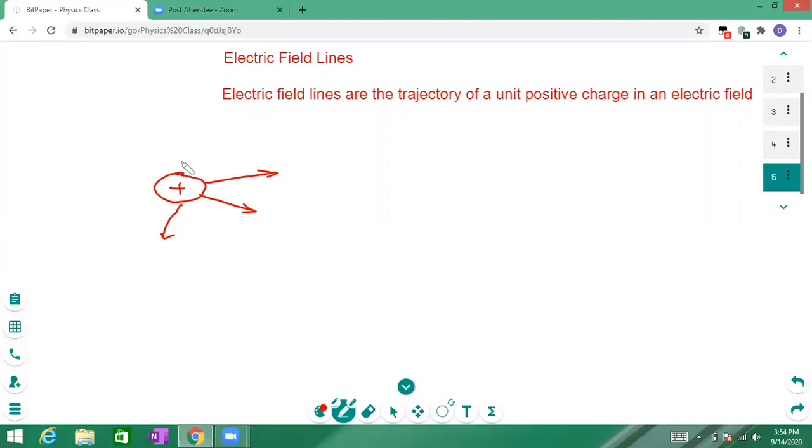These are the straight lines. But if the charge is a negative charge, then it will attract the unit positive charge, so the trajectories will be just reverse.